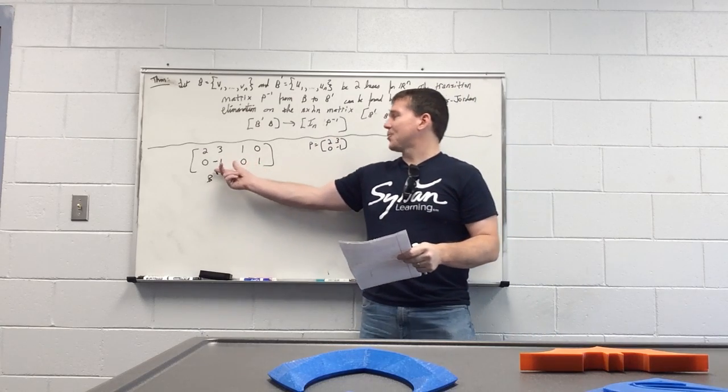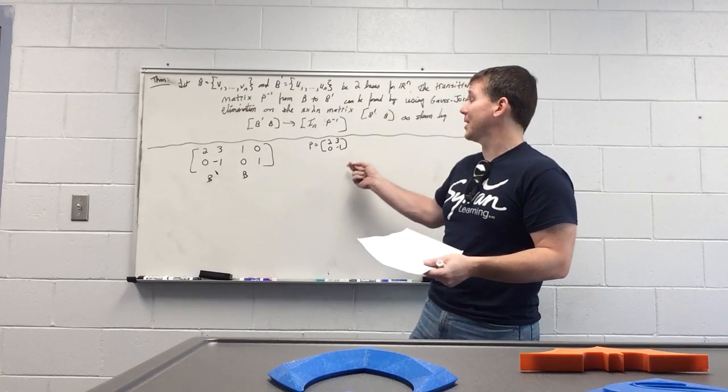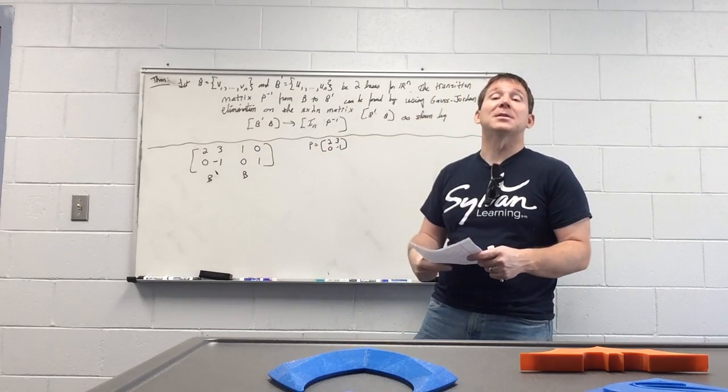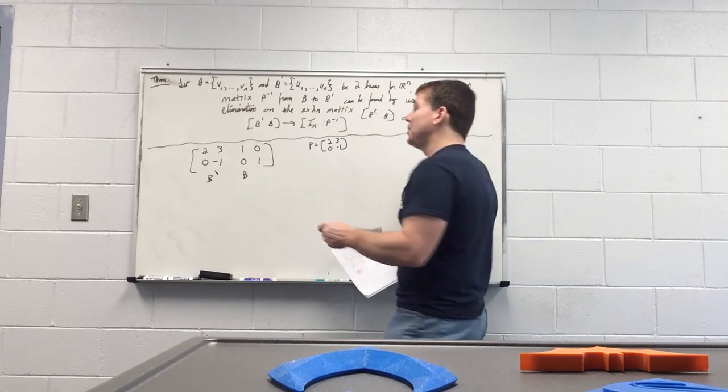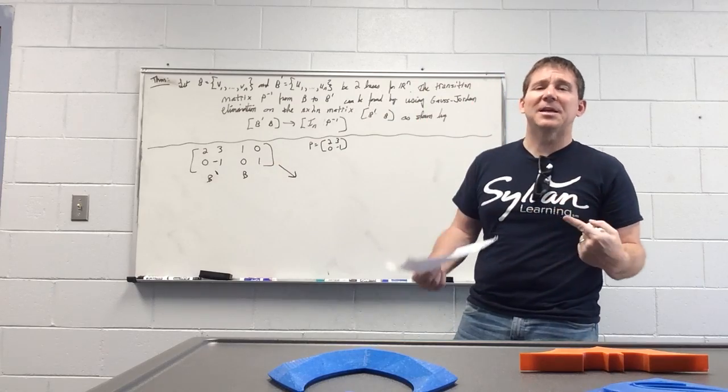So if I do this right, I should get P inverse here, which would be the other transition matrix, which I'll be able to tell if I multiply these together, they should be inverses. If I do the Gauss-Jordan elimination, here I'm going to shortcut it because we're going to do another example in a minute.